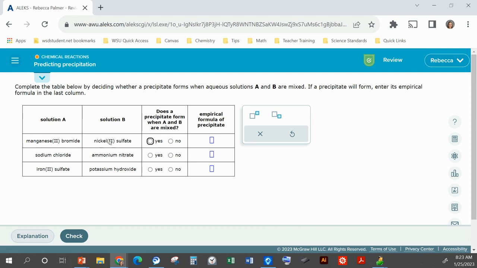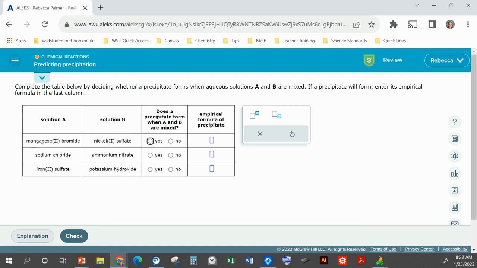We're going to check if we switch the metal with the anion, if that precipitates. So I don't need to check magnesium bromide. I need to check manganese and sulfate. And I need to check nickel and bromide. Does that make sense? And then if it is a no, if it's insoluble, if it precipitates, then I need to put yes, and I need to write the formula.